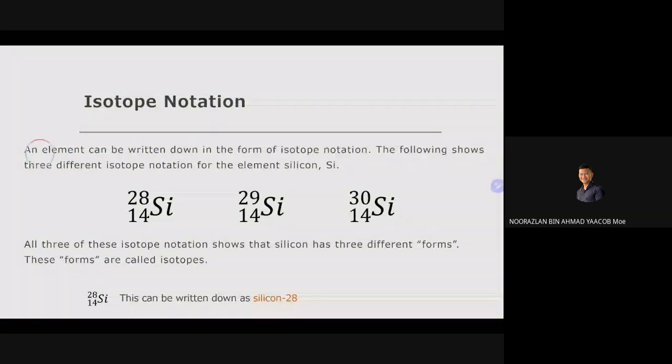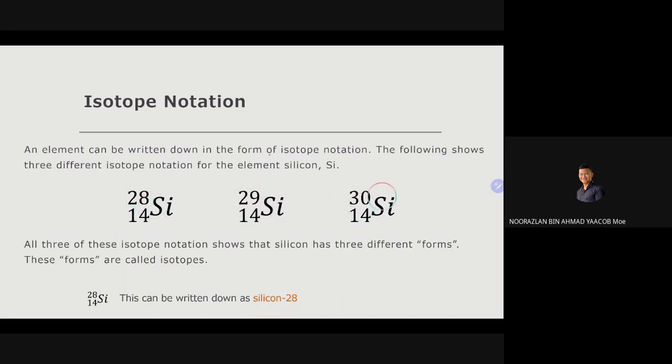So an element can be written down in the form of isotope notation seperti yang kita tahu tadi. So this shows 3 different isotopes of silicon. We can write it down as 28 14, 29 14, 30 14. So if we look here, the nuclear number for the first one is 28, 29, 30.